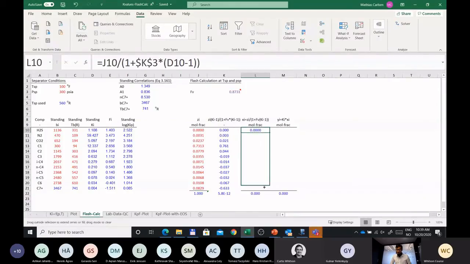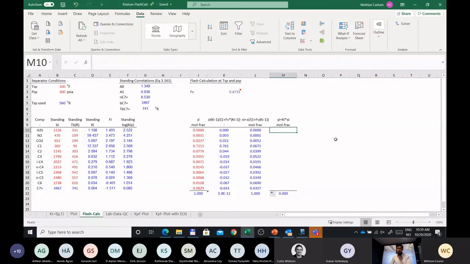Yeah, so let's do this. Those are the mole fractions of individual components in the liquid phase, and that's about 6.7 mole percent of methane in the separator oil, for example.